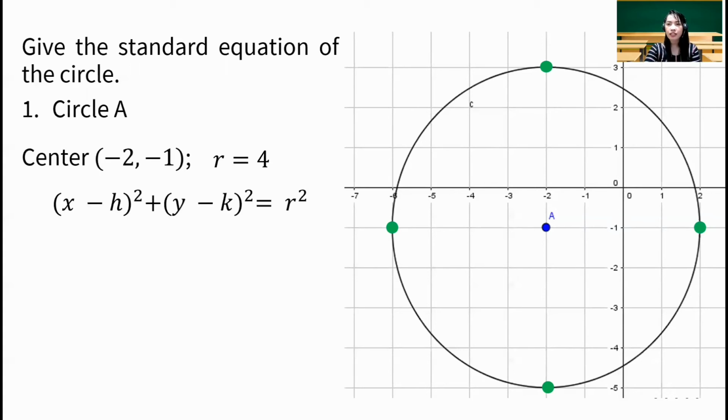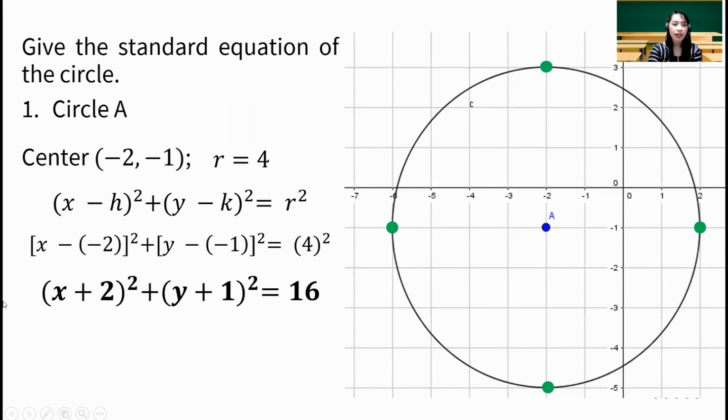Given the center, the standard equation of the circle is the quantity x minus h squared plus the quantity y minus k squared equals r squared. Just simplify. Given the center and the radius, we have x minus -2 squared plus the quantity y minus 1 squared equals 4 squared.